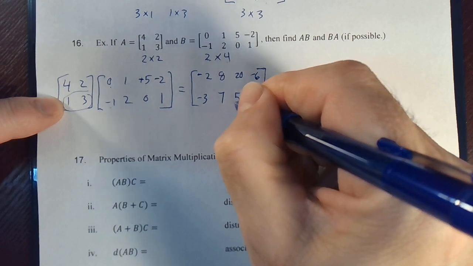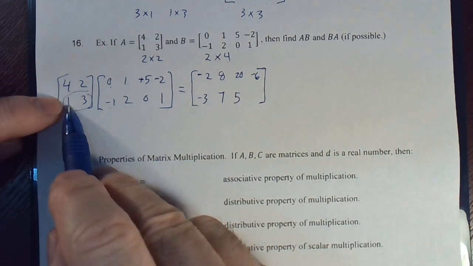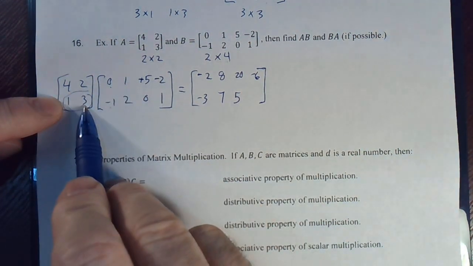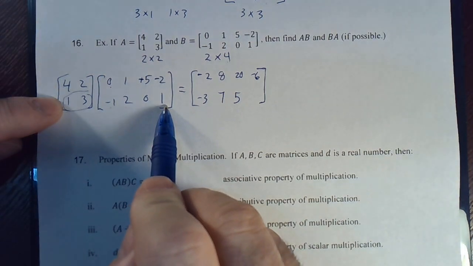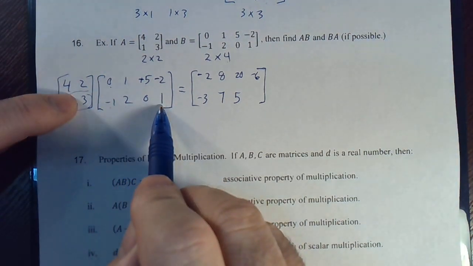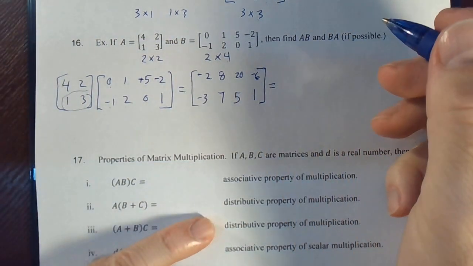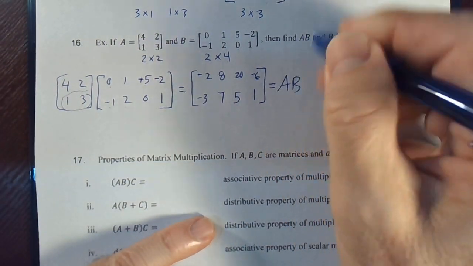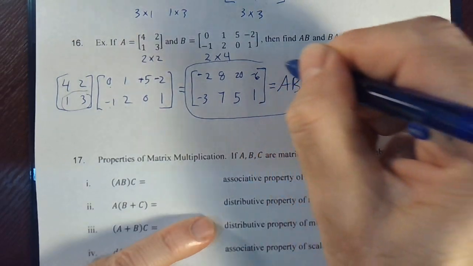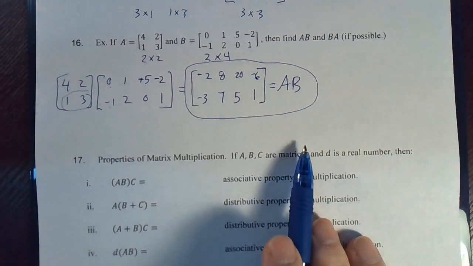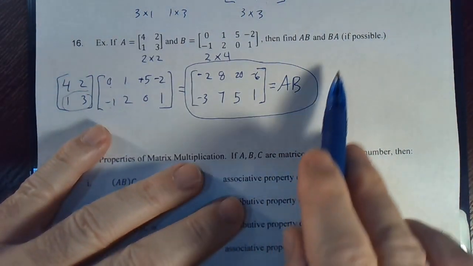They add together to give 5. 1 times -2 is -2. 3 times 1 is 3. So -2 and 3 give us 1. So this is AB, the first product. And notice I didn't give myself much room, but I don't need it, do I?